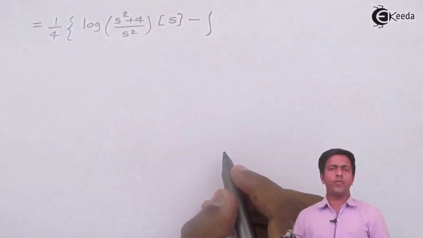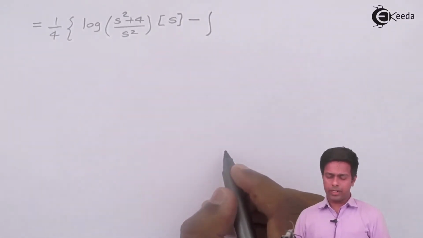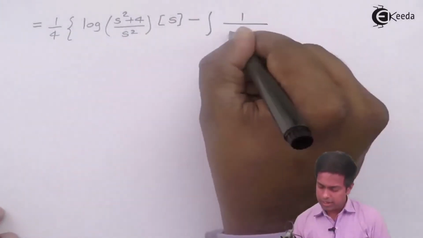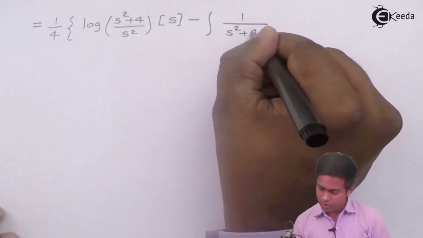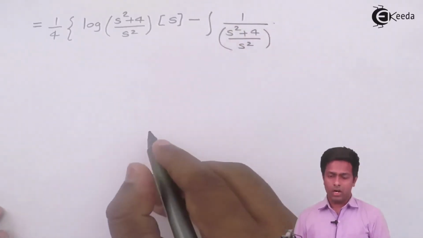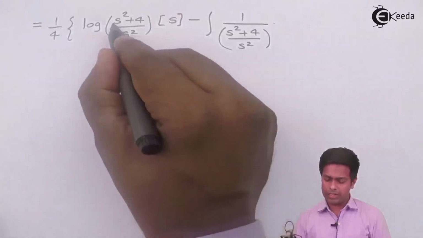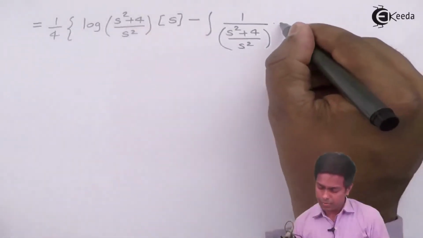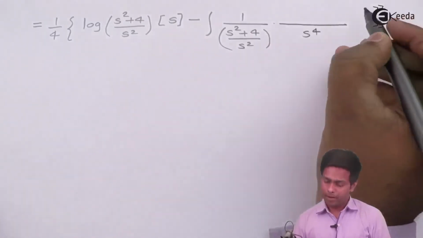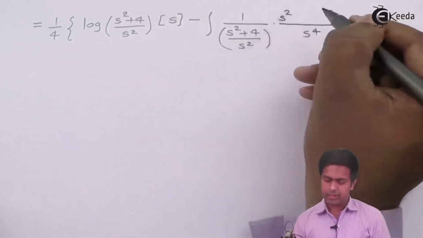now derivative of u. So the derivative of this log term is 1 upon (s square plus 4) upon s square into again derivative of this term. So that will become s raised to 4 in the denominator, numerator s square as it is.